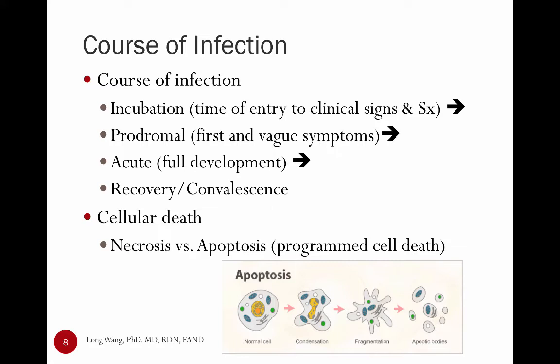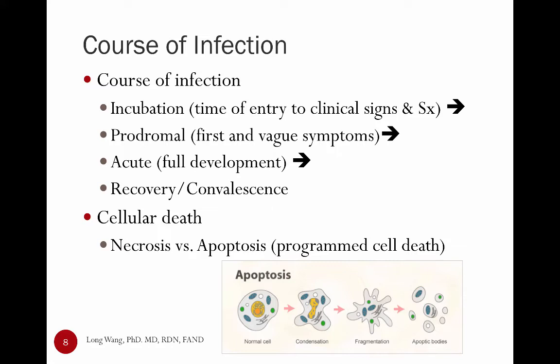Okay. Then the next phase is what we call the acute phase, meaning the disease is in full blown, right? So all the classic signs and symptoms are in full manifestation. At this point, we shouldn't have any doubt which disease we're dealing with. And of course, if the patient survives, then the last phase would be recovery.